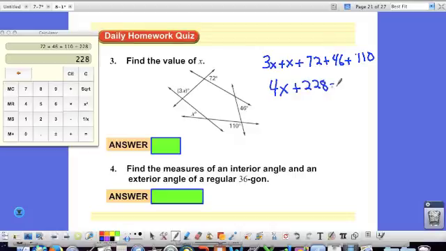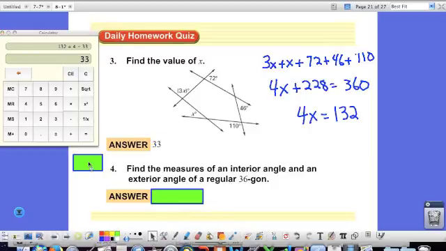This all is going to equal 360. So 360 minus 228 is 132. If 4x equals 132, 132 divided by 4 is 33. So x would be 33.